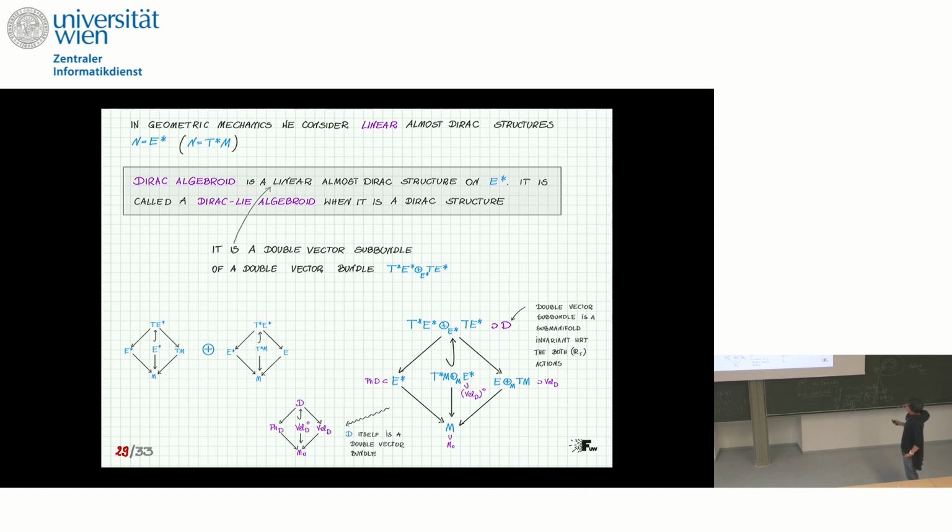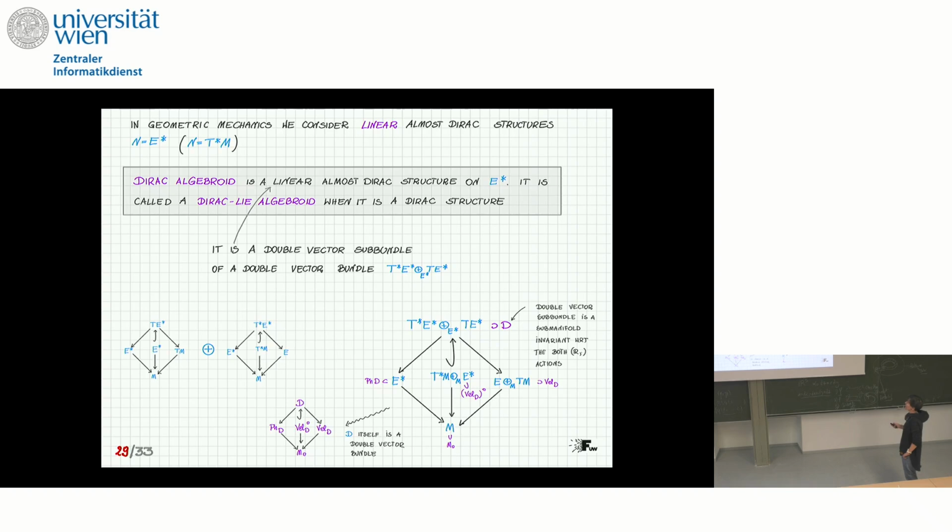And here I will have the annihilator of the graph of my anchor, because from the antisymmetricity condition I get that this core is the annihilator of the bundle here. In principle, a double vector subbundle can be a subbundle over a submanifold on one side and also over a submanifold on the second side.